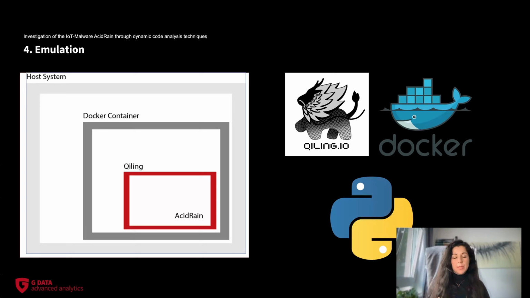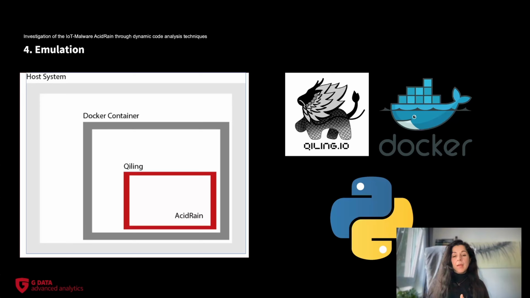what we need to emulate AcidRain, because AcidRain, we learned, searches for storage devices, and we can create some storage devices with the Docker container and map them in Qiling. So this is the overview of my project.